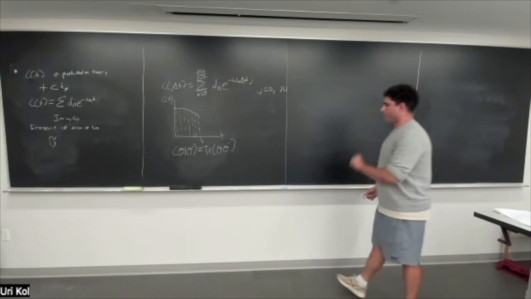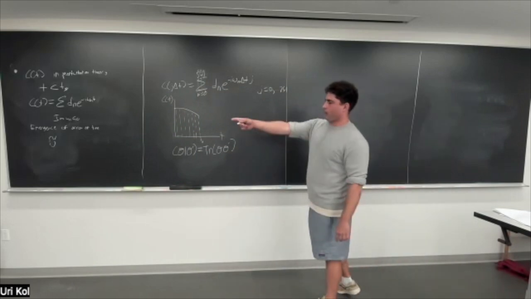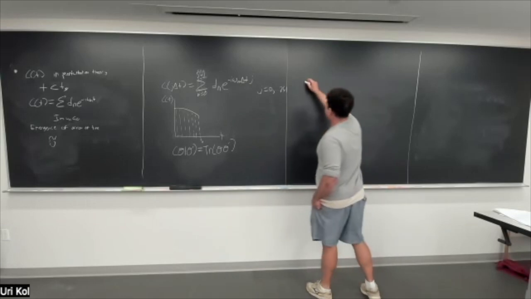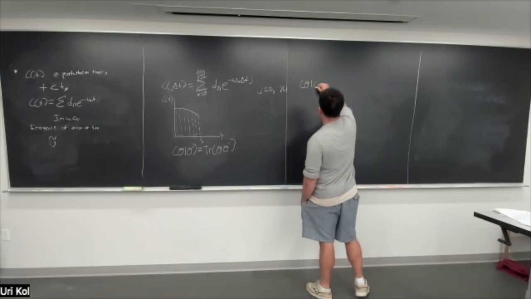So now I'm going to look for my U tilde operator. Remember, this is the operator that was related to these complex eigenvalues. And my ansatz is going to be this.